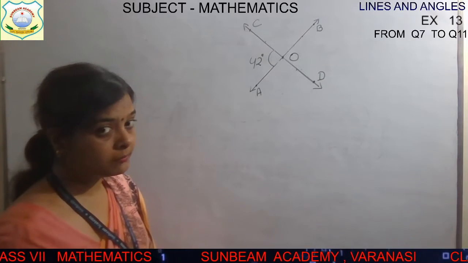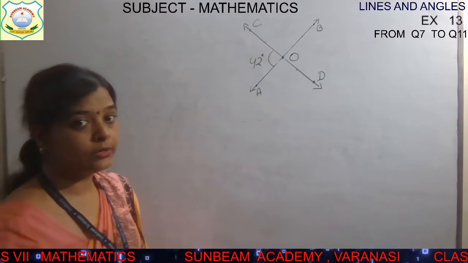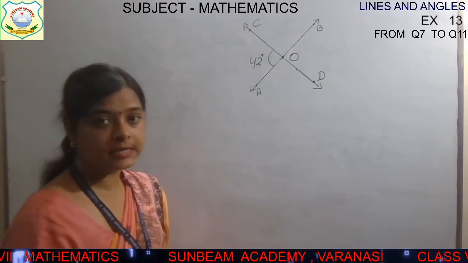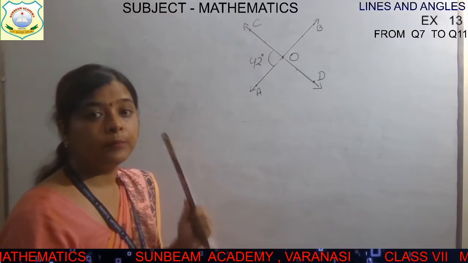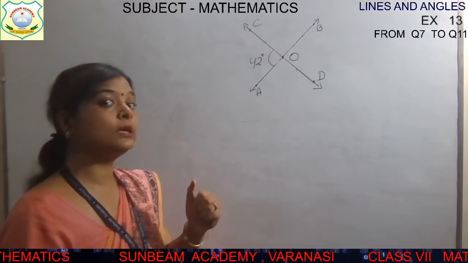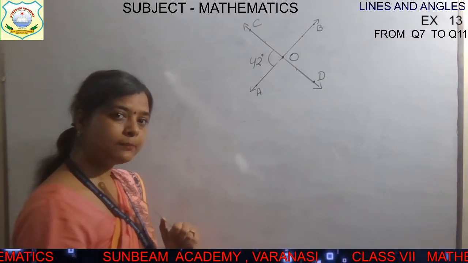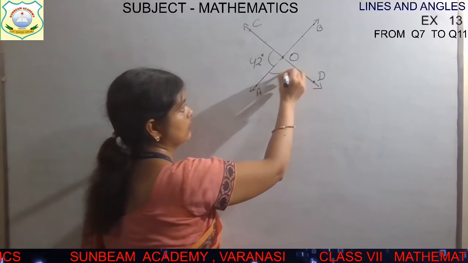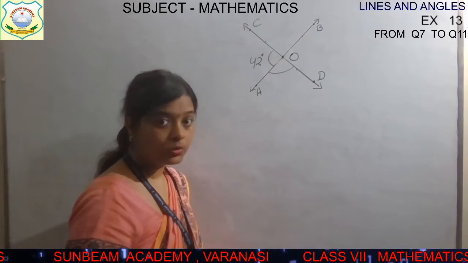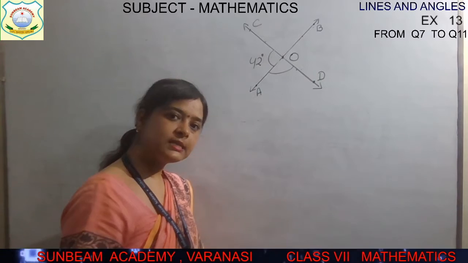Now, do you remember the previous class? What I told you, that if the 2 lines intersect with each other, they will form 4 angles, and opposite angles will be equal to each other. What are the opposite angles? Are these two opposite angles? No, they are adjacent angles.